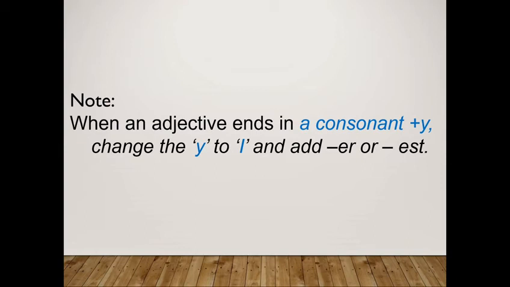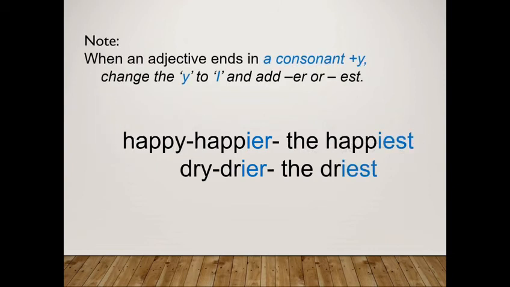To make it clear, look at this example. Okay, we have two adjective words here, happy and dry. Both of these adjectives end in a consonant plus y, right? Happy, a consonant plus y, p and then y.